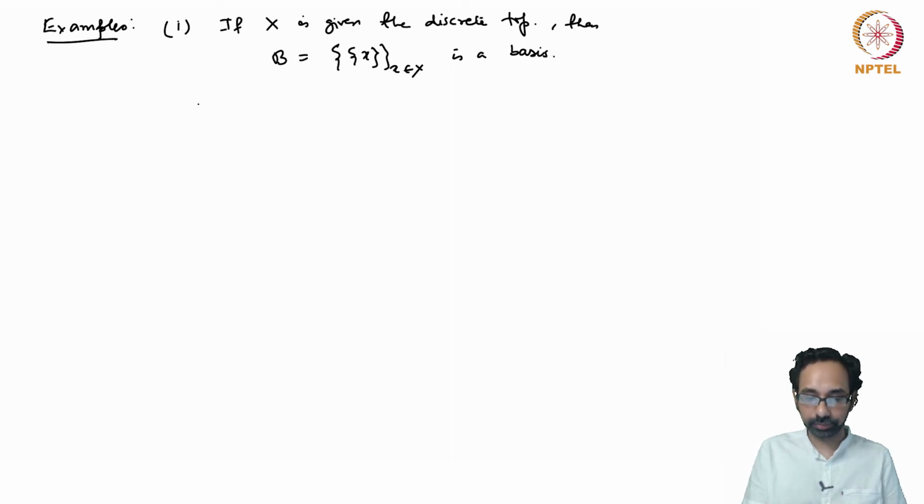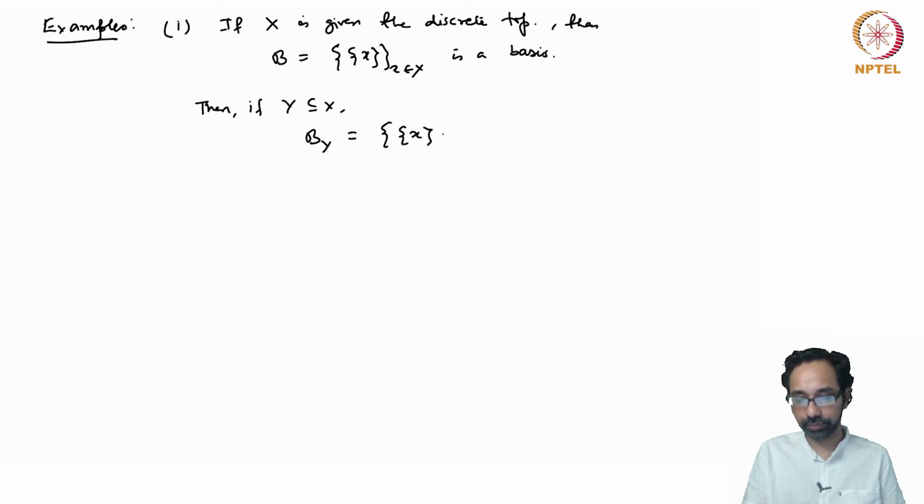So then if Y is a subset of X, then the basis for the subspace topology on Y is nothing but these sets X intersection with Y, where X is in X. This is how we define the basis. But this is nothing but the singleton sets Y, where Y is in Y.